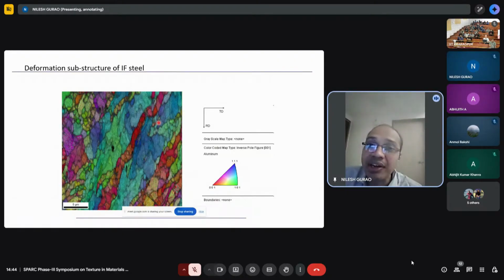You can get the defect information here. You can get the crystallographic information, as in which color, and you can get information about elongated grains and also the morphology, right? All this information you are getting in this one image, and that is why EBSD has become so powerful in the last 20-25 years.